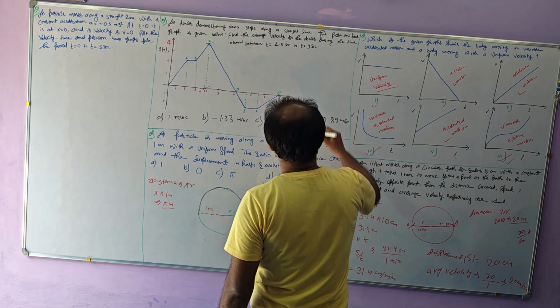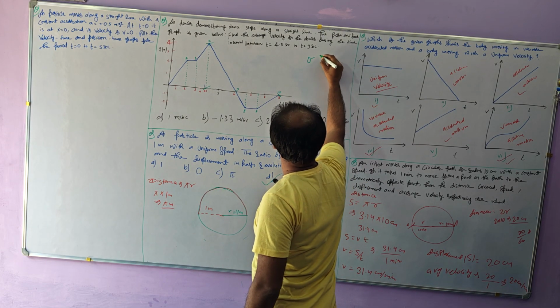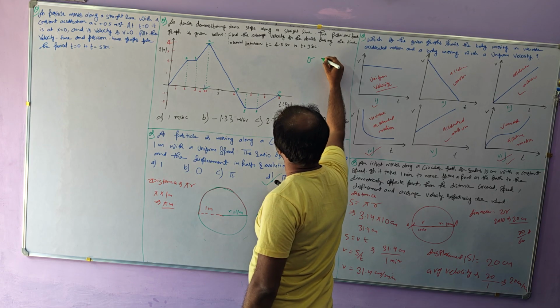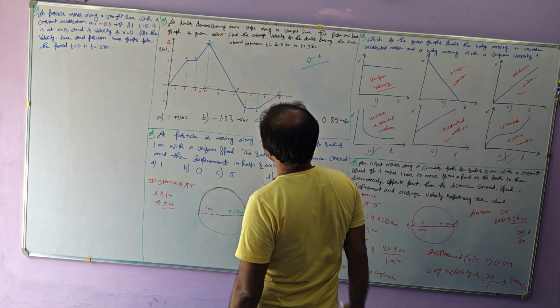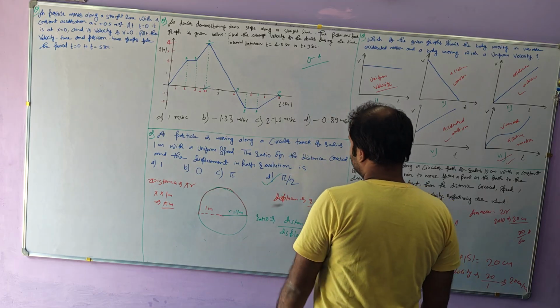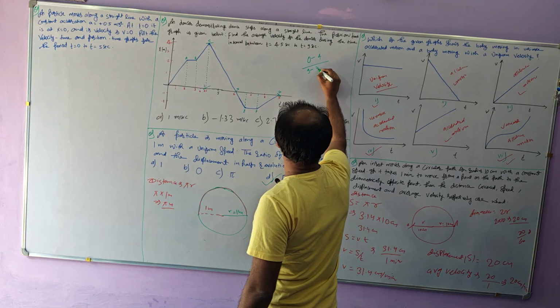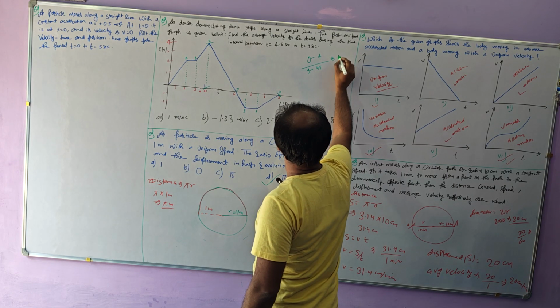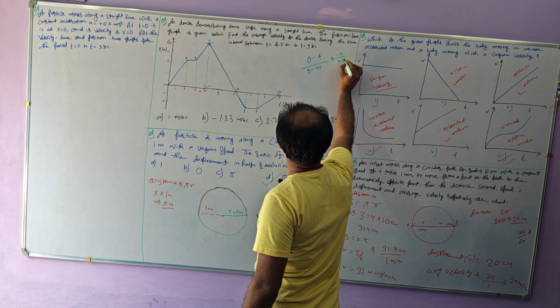Then our displacement would be 0 minus 4, upon the time interval, that is 9 minus 4.5, that becomes minus 4 upon 4.5.